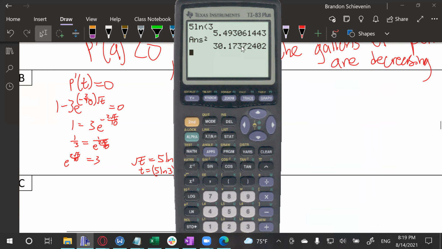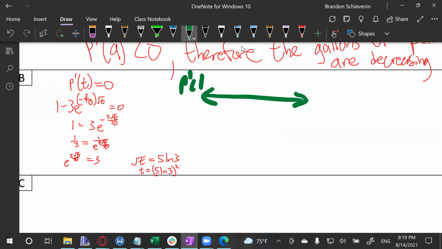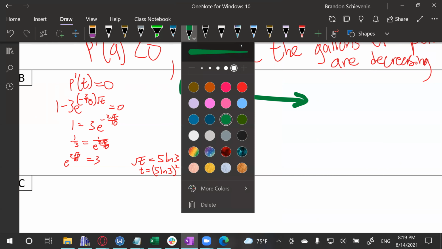Okay, so we've got 30.17. So I'm going to plug in a value before that and a value after that to see if our slope is changing from positive to negative or negative to positive. So this is a first derivative test. Plug into p prime around that value.